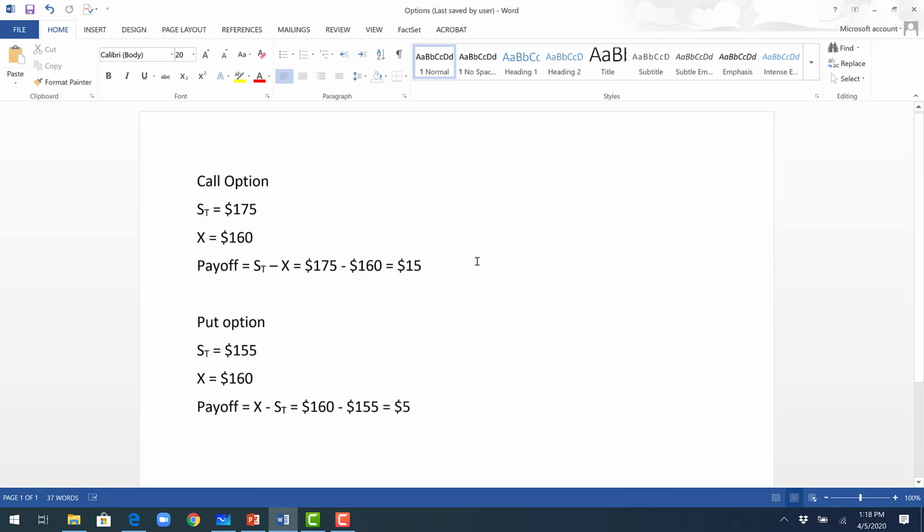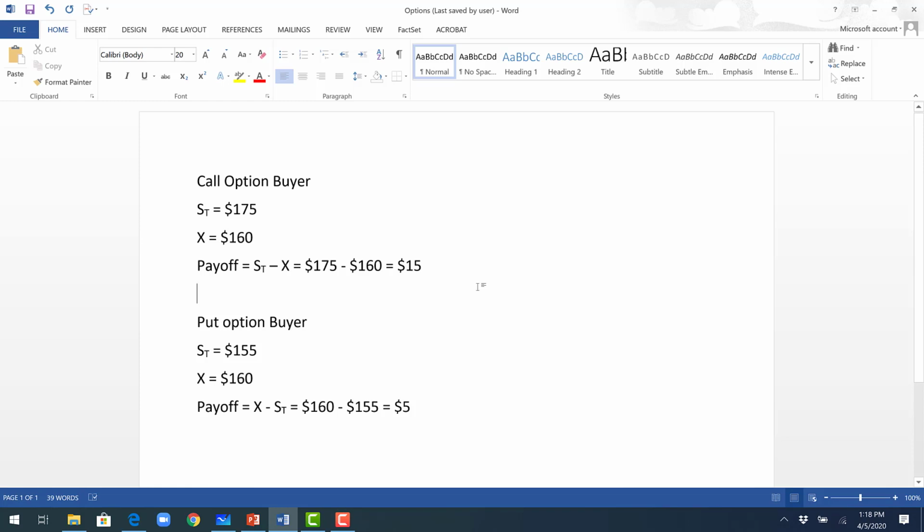So anytime you have to compute the payoff or the profit for the writer, again remember this is for the buyer, right? Similarly for the put option, this is for the buyer. Anytime you have to compute it for the writer, all you do is take this number and put a minus sign in front of it. If buyer's payoff is $15, writer's payoff would be minus 15.